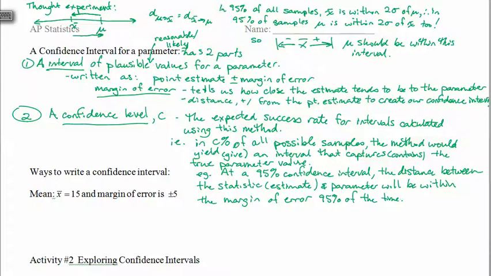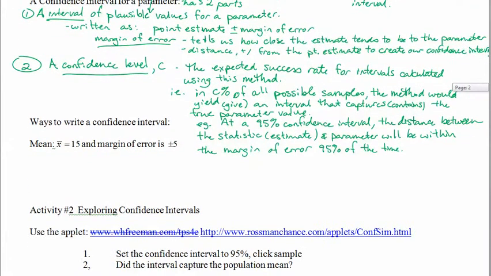Now, we have a few different ways that we can write a confidence interval. For instance, if we're talking about the mean, x bar, being 15, and the margin of error being plus or minus 5, it can be written as 15 plus or minus 5, or 10 to 20, because if I subtract and add 5, those are the numbers I get.